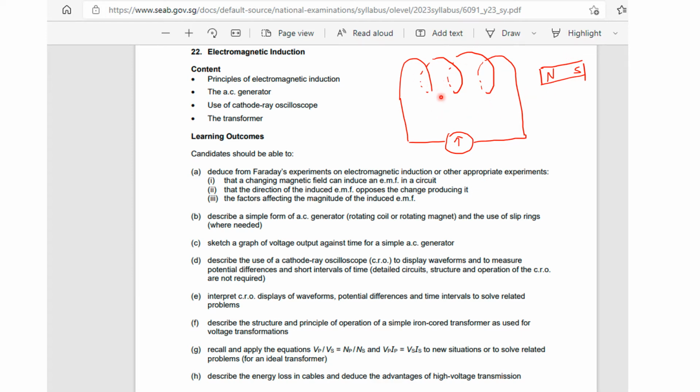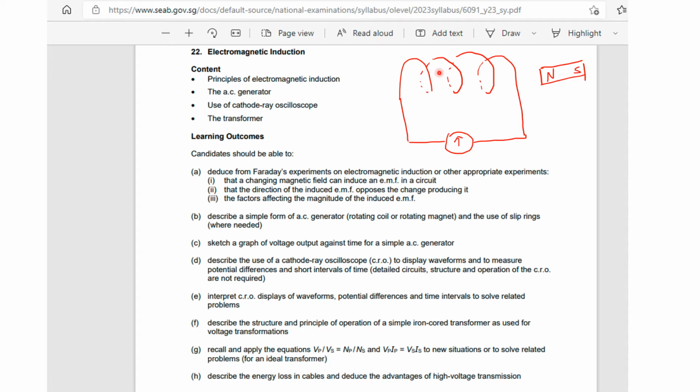So no change, no induced EMF. But now, if I were to move the magnet into the coil, you'll notice that there will be a deflection in the galvanometer. If I move it in, there will be a deflection. If I move it out, there will also be a deflection on the galvanometer, but in an opposite direction.